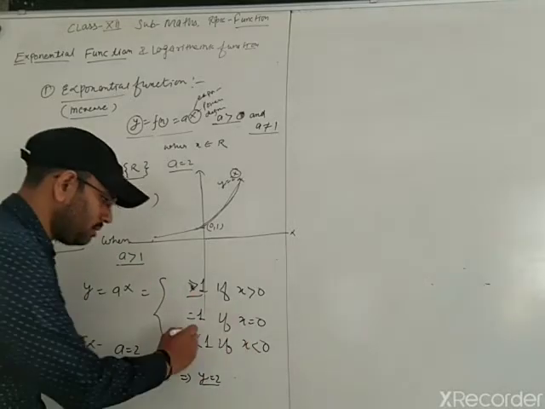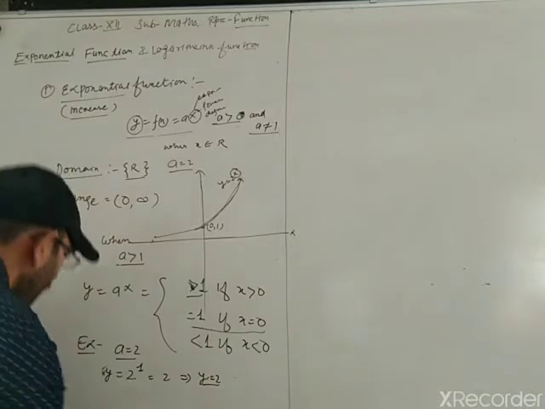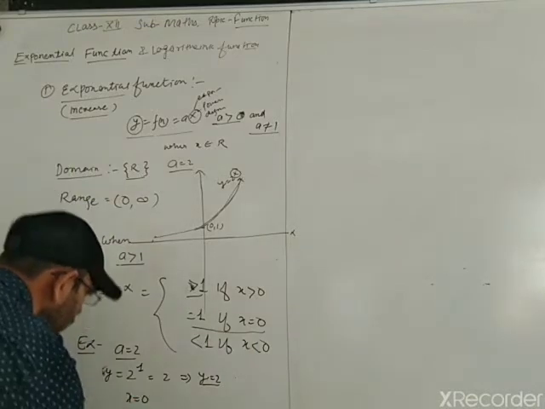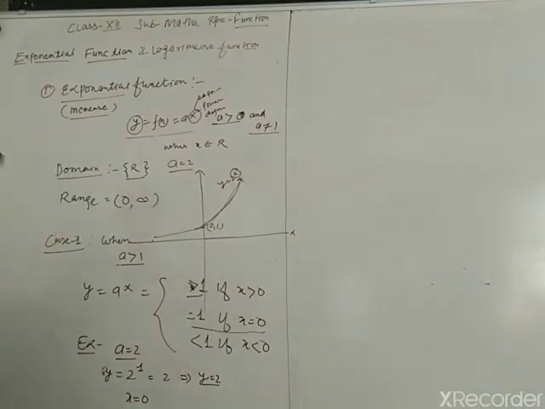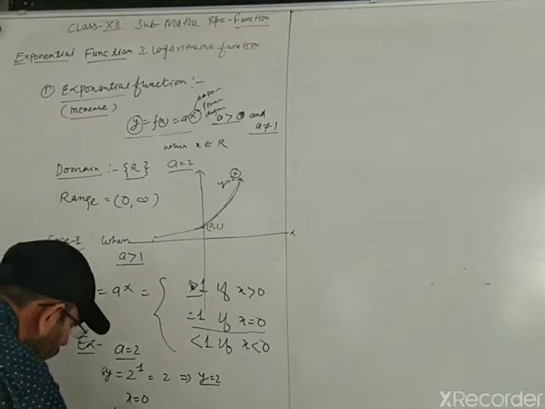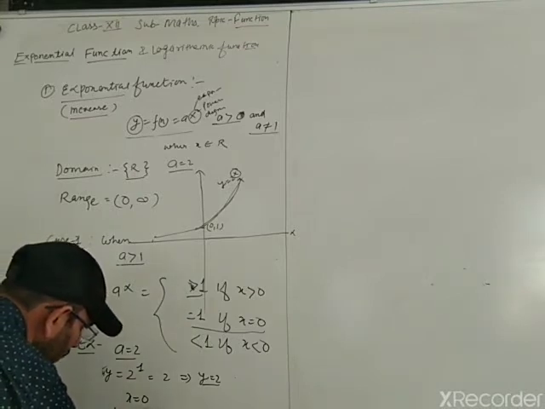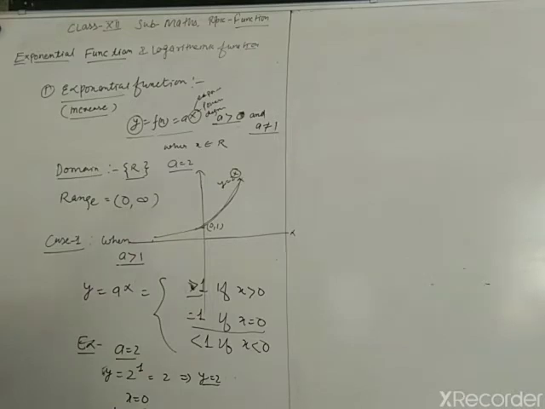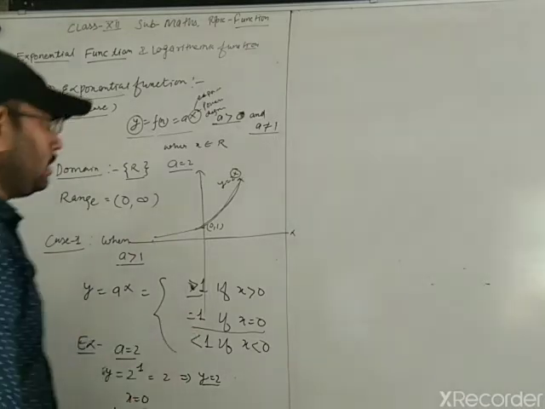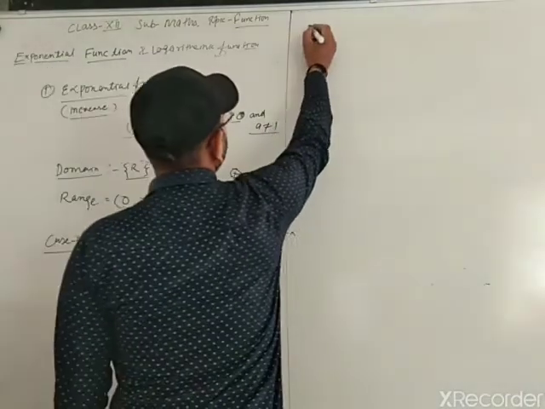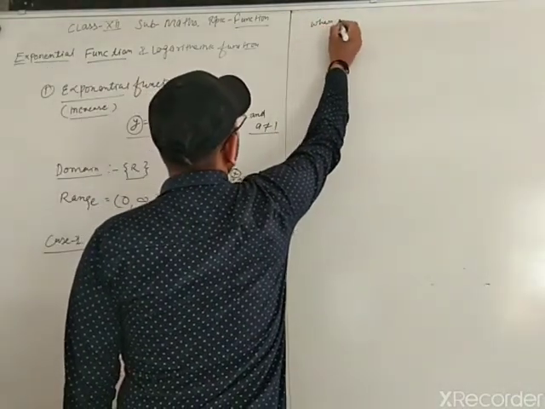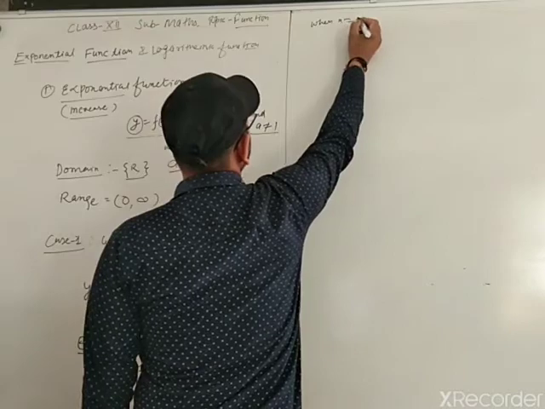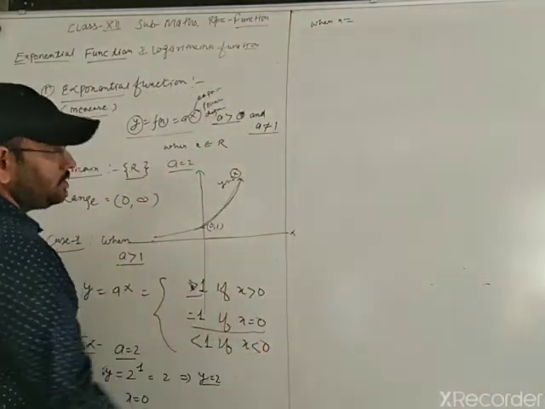Now we come to the second condition, x is equal to 0. So y is equal to 2 to the power 0, and we know that any constant to the power 0 is 1. So we get 1. Clear? Now the third case, when x is less than 0.